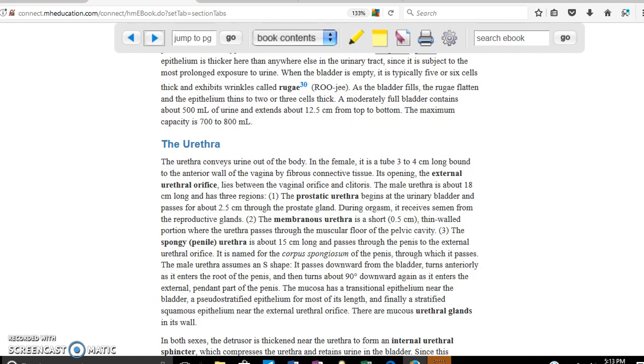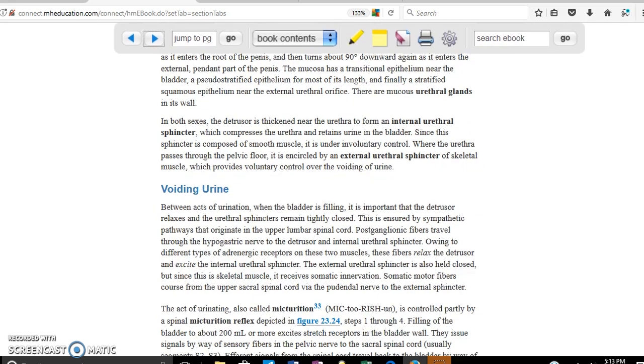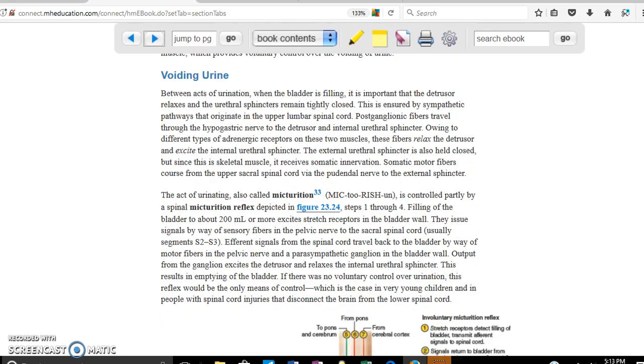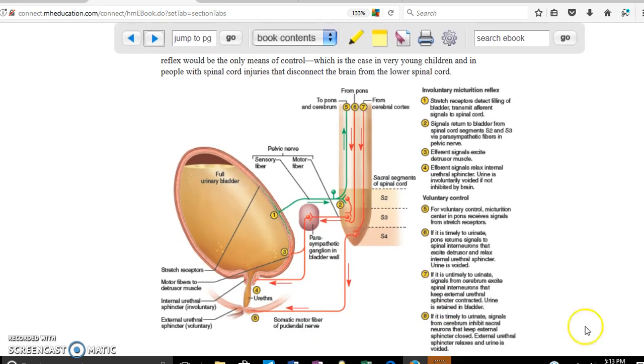We said we have different lengths in the case of males and females, and voiding urine. In order to do that, we need to eliminate the urine by opening two sphincters. As we said, we have an internal sphincter and an external sphincter. The internal sphincter is involuntary, the external sphincter is voluntary. So therefore, we have an involuntary control and a voluntary control of the elimination of urine.